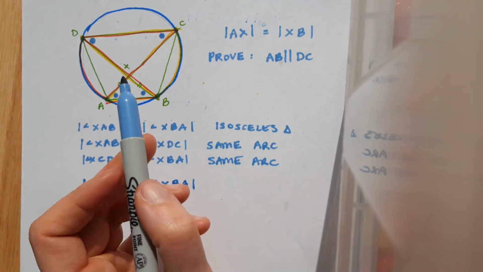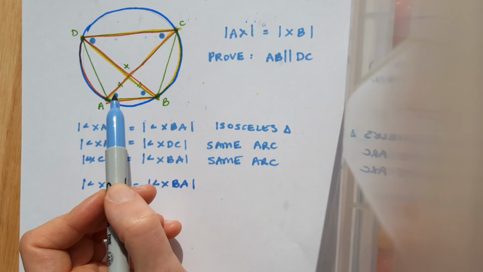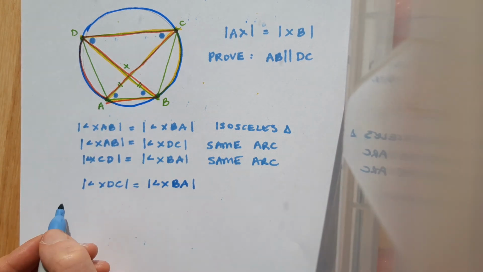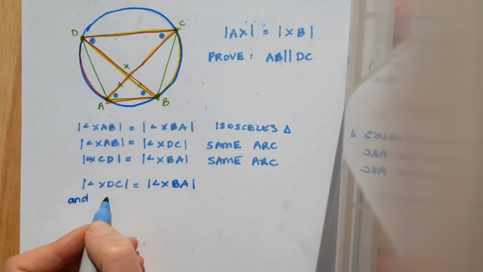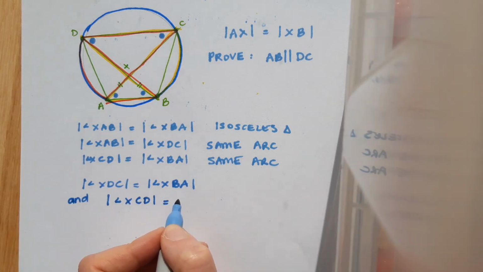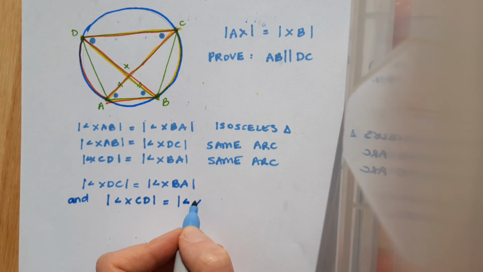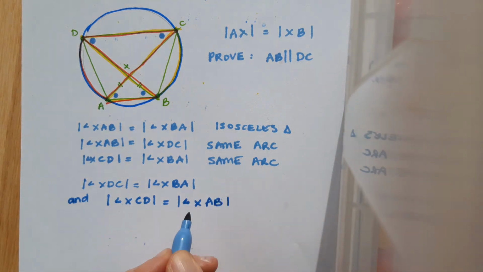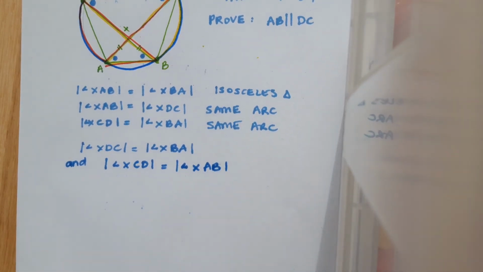And I can also see that this angle here is equal to this angle here. So I'll write that down too. And the angle XCD equals the angle XAB. So now I'm just going to make that observation that my alternate angles are equal.